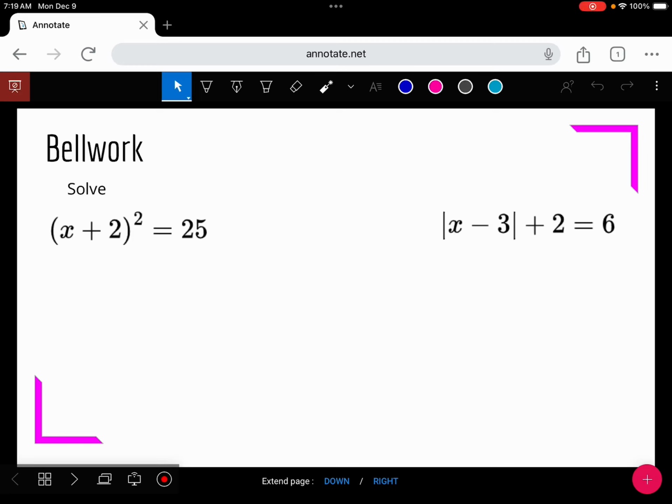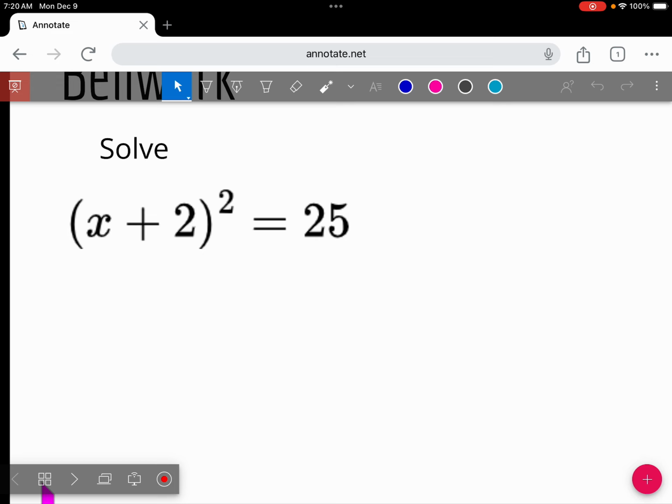All right, let's take a look at our spell work up here. These are all review. We've done things like this all year. So, what do we do on this one?